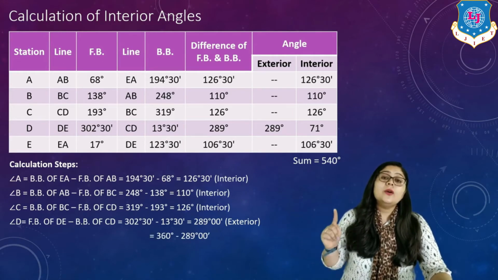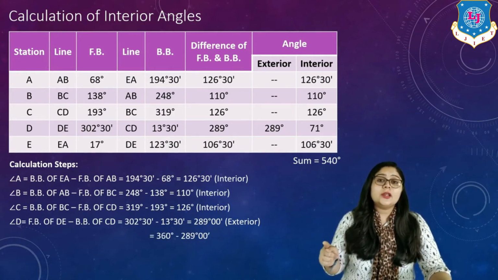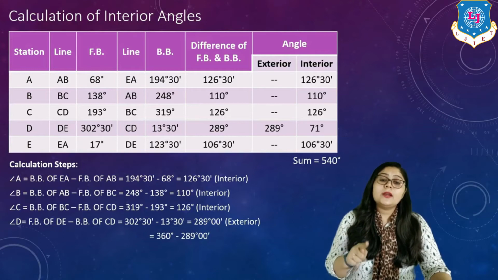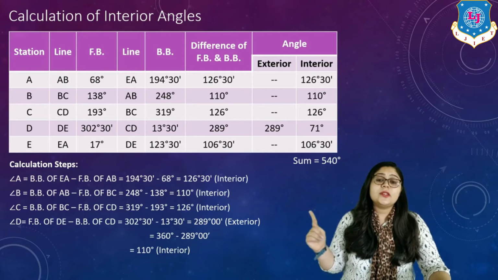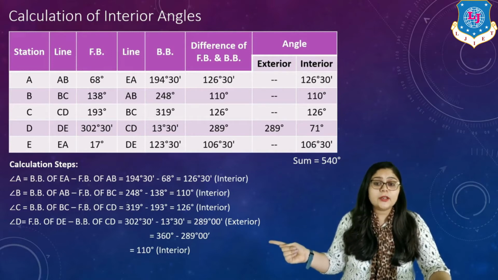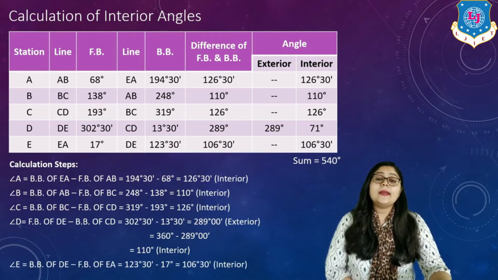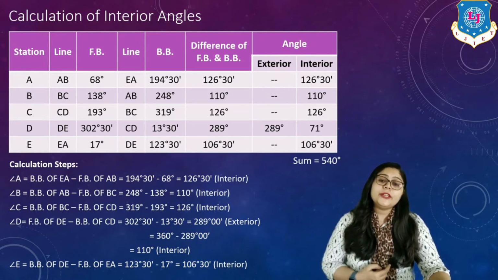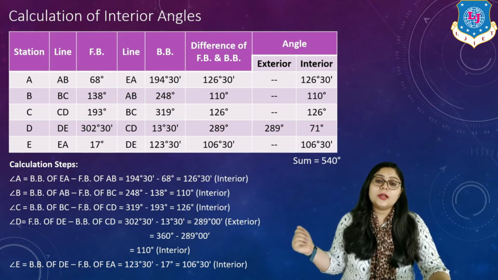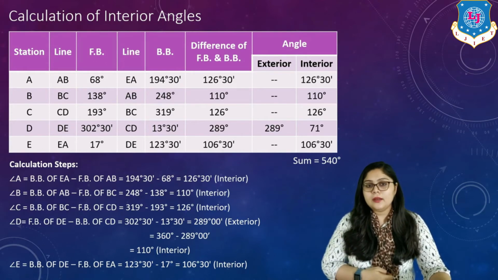It means we have to do the calculation of 360 minus 289 degree. The answer is 110 degree, which is the correct answer in terms of interior angle, right? And lastly, the angle E, which is back bearing of DE minus fore bearing of EA, is 106 degree 30 minute, which is the interior angle, right?